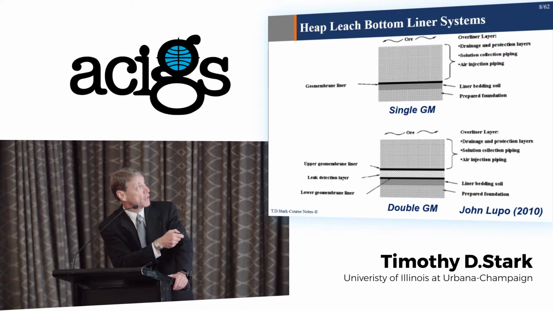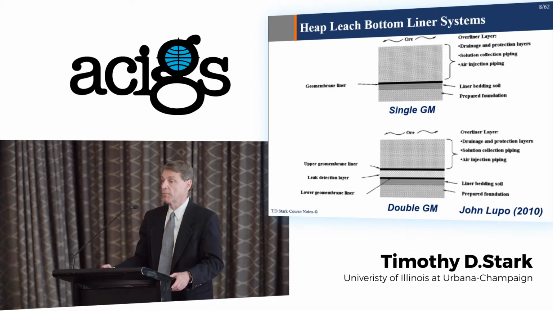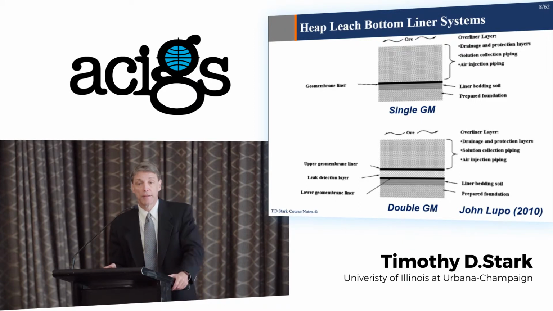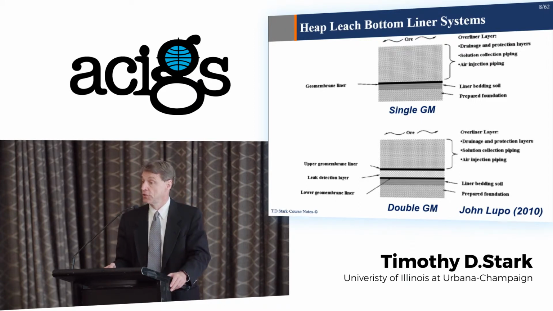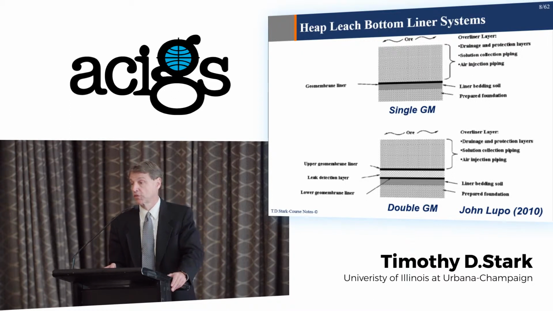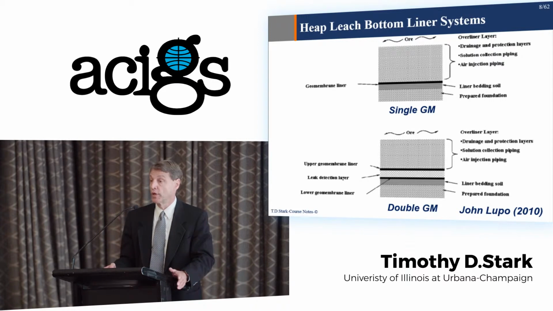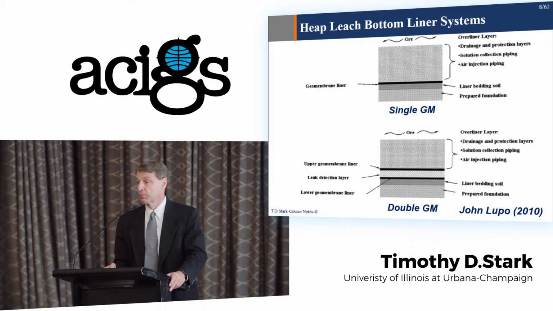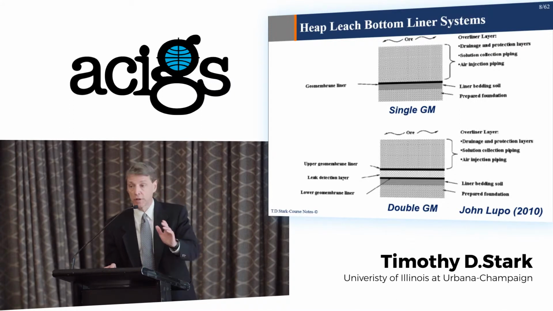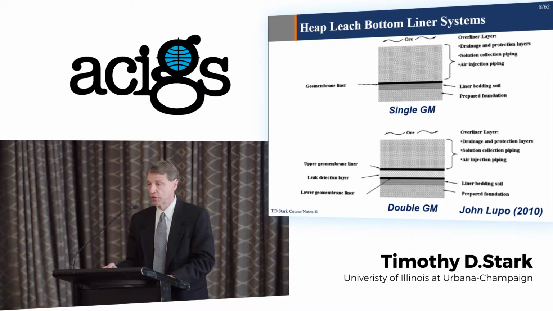And there's the geomembrane right here. The selection of the geomembrane should be driven by the solution being used, the shear strength or interface strength we need for stability, reinforcement. If puncture is a big problem, maybe we need reinforcement in the geomembrane. So a lot of considerations for the geomembrane.